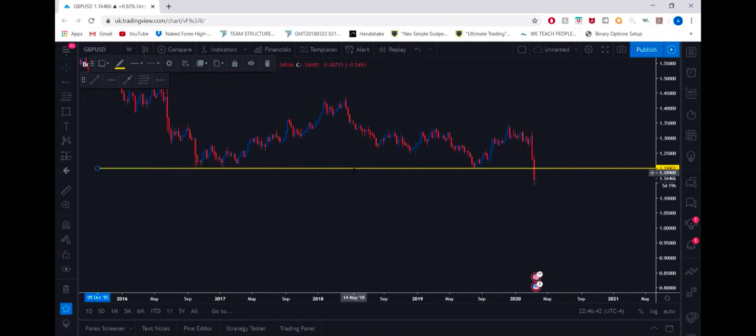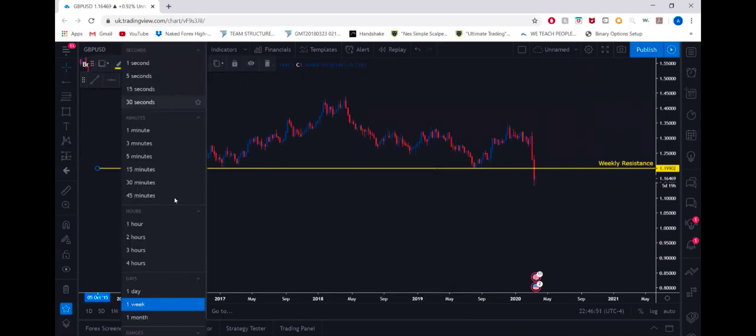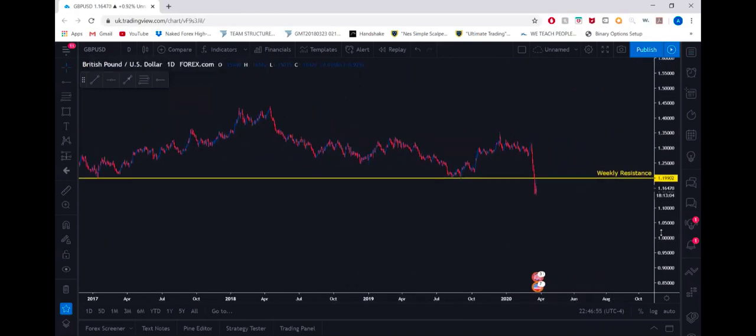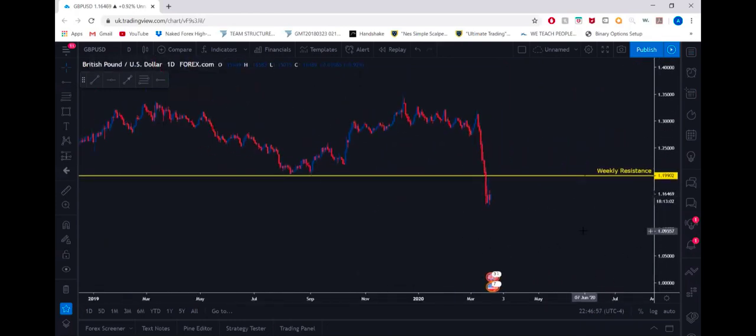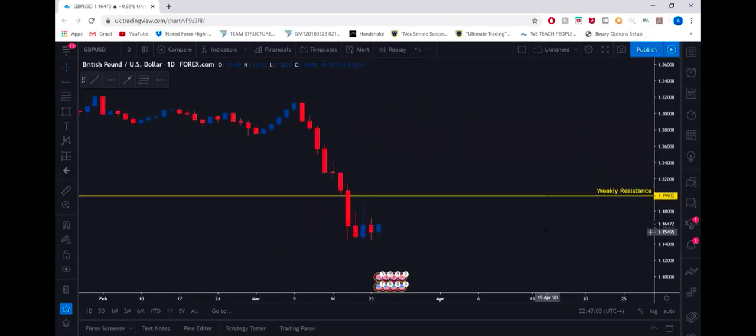Okay, that's weekly resistance. Let's look on a daily. Let's stretch this out and zoom it in.